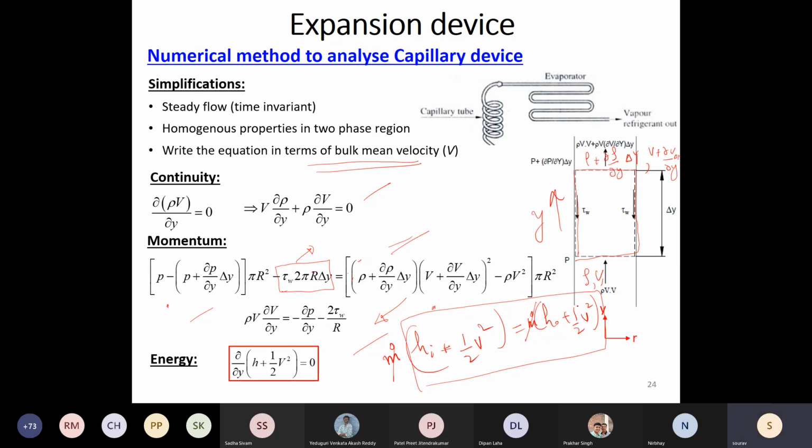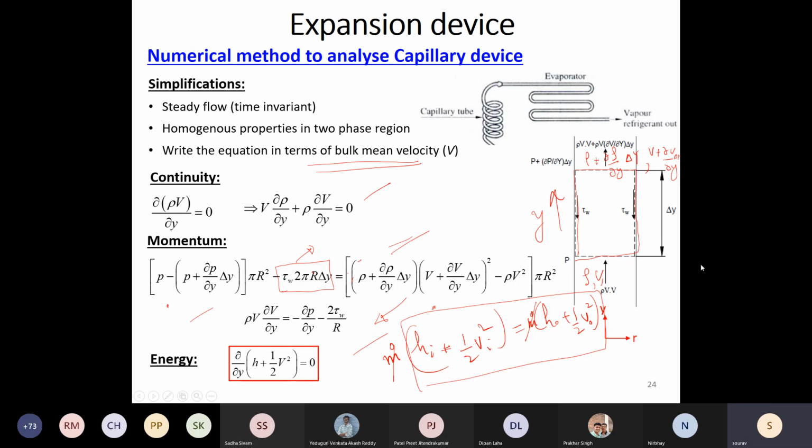And when densities are dropping, your velocities will be increasing in order to balance the continuity. So we will see, once I show you the output of the code, that the velocities at the exit of this capillary tube will be very high, and we cannot neglect the kinetic energy then.